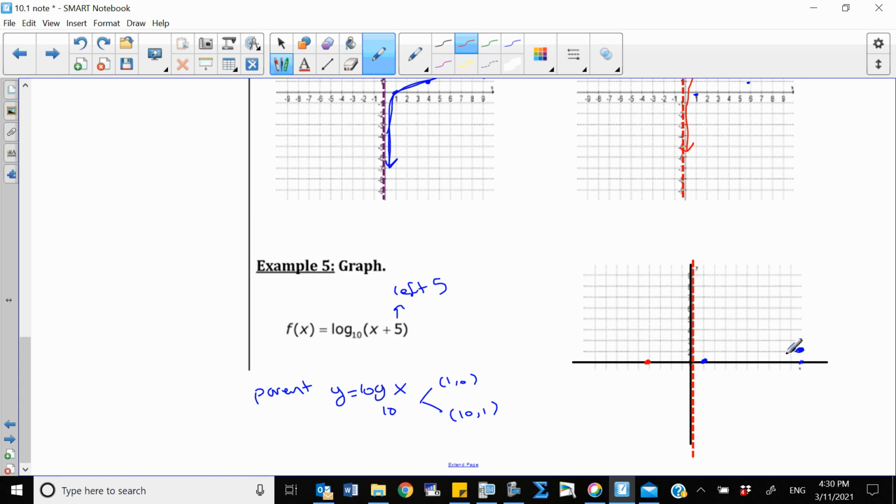And this one also 1, 2, 3, 4, 5. So it's going to be here. Now, if I move the function left 5, does the asymptote also move? Yes. This is also going to be moved 5 left. So 1, 2, 3, 4, 5. So this is my new asymptote. Now the function is going to look like this. This will be the graph of my new function.